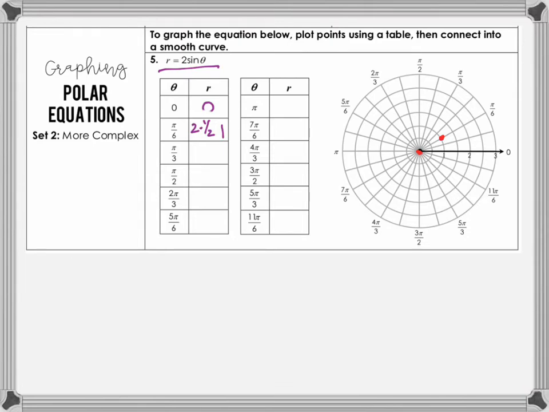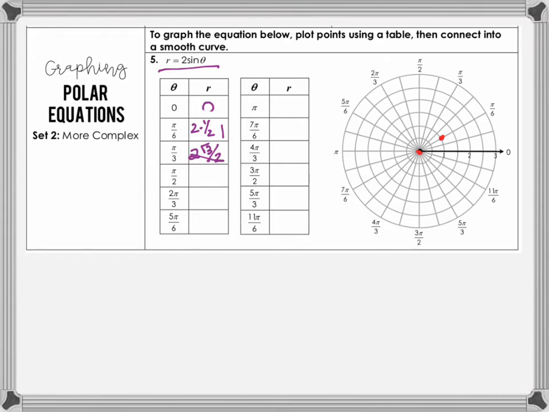Okay, so then going back to pi over 3, that's 2 times the square root of 3 over 2, which is just the square root of 3. And the square root of 3, if you just do it on your calculator, some of these you get used to doing.